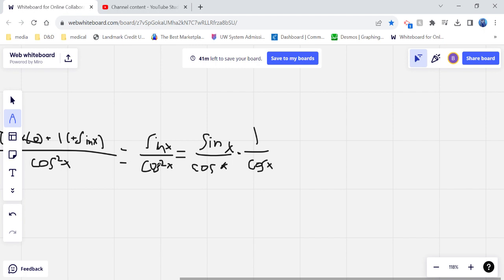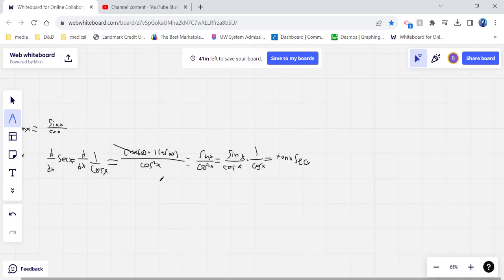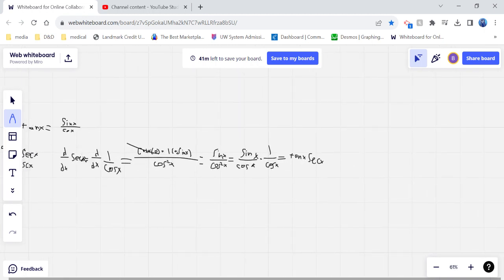So you see we broke this cosine squared of x into two different pieces and multiplied. According to our trig identities, that is then equal to tangent of x times secant of x. So the derivative of secant x is equal to tangent x secant x.